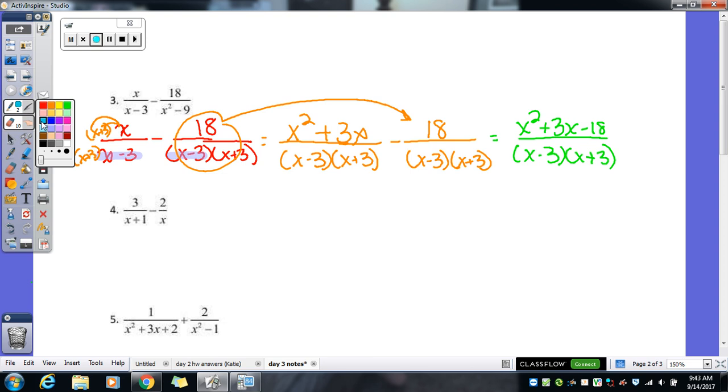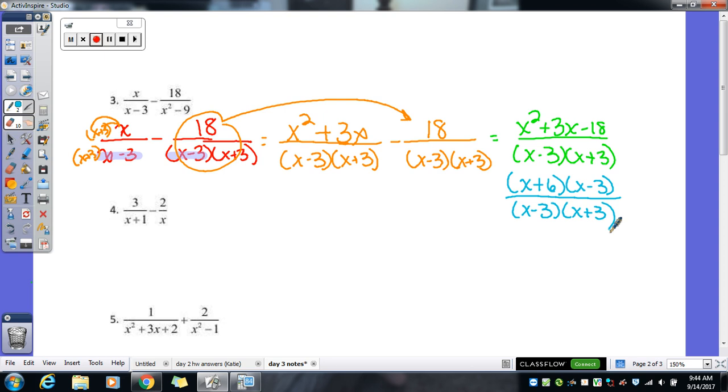Now can we factor that trinomial x squared plus 3x minus 18? Yeah, what's that going to factor into? I believe it's going to be 6 and 3 to get you the 18. So x plus 6 times x minus 3 over the x minus 3 times x plus 3.